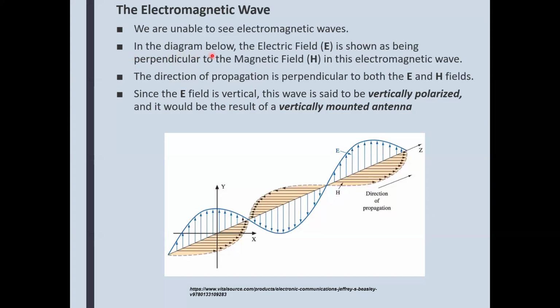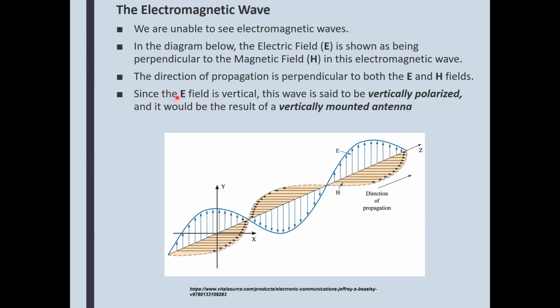In the diagram below, the electric field E, these are those arrows pointing up, is shown as being perpendicular to the magnetic field. We just labeled it as H. So these black arrows here would be the H's, which is the magnetic field. I'm pretty sure that from other subjects you also know that the electric field is perpendicular to the magnetic field. All right.